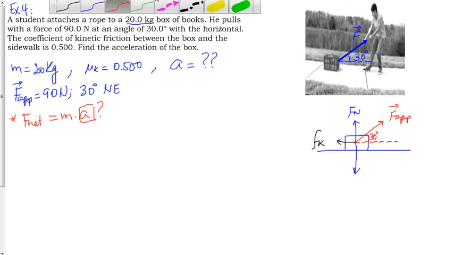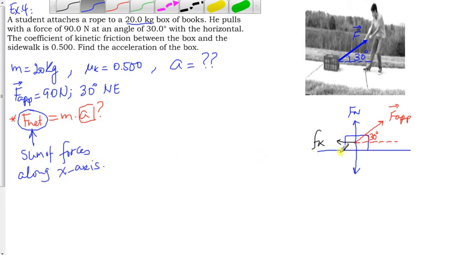Now, what is F net? So again, to remind you, sum of forces along the x-axis. Let's say that the x-axis is along the direction of motion. What are the forces acting along the x-axis? Here we have Fk. Fn and Fg are not along the x-axis, they are along the y.